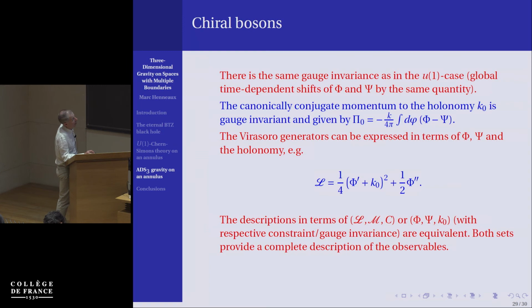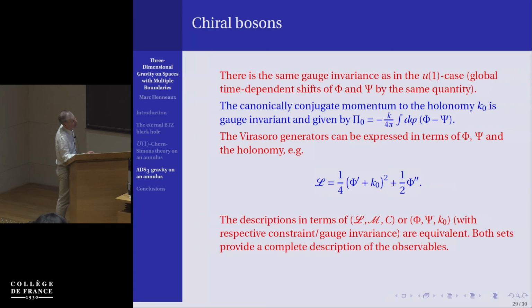So you can describe the system, a complete set of observables for that system, either by taking the two Virasoro sets of generators, L and M at either boundary, which are subject to the holonomy constraint that I mentioned, the matching condition and the radial Wilson line, or you can describe them in terms of phi and psi, which have one gauge invariance at the zero mode.